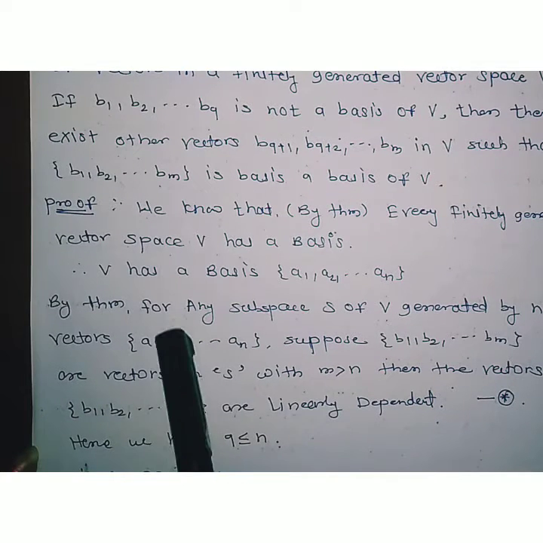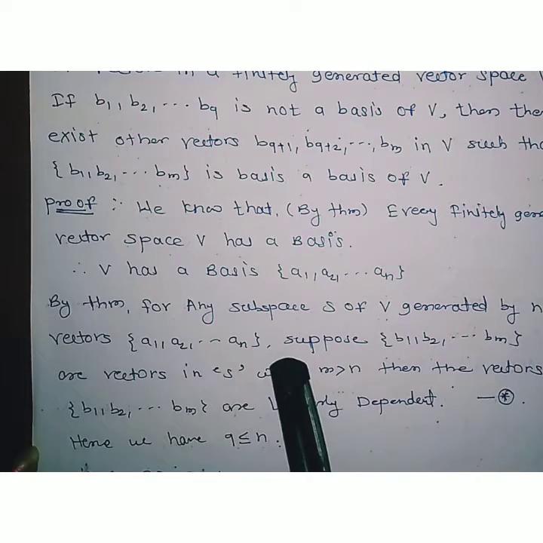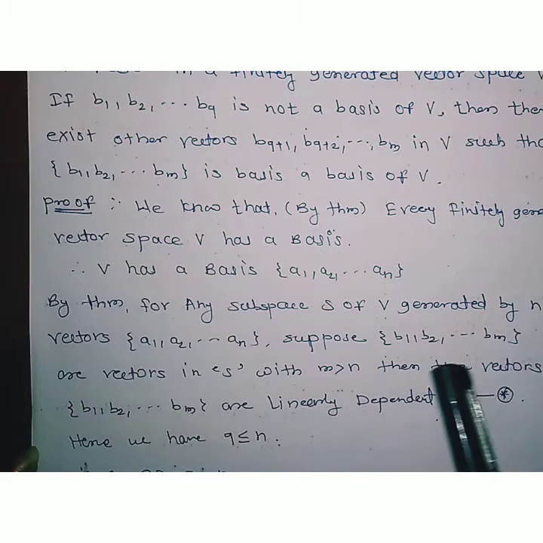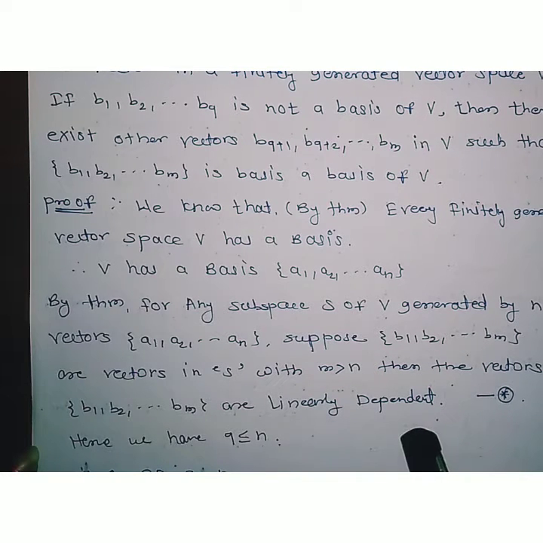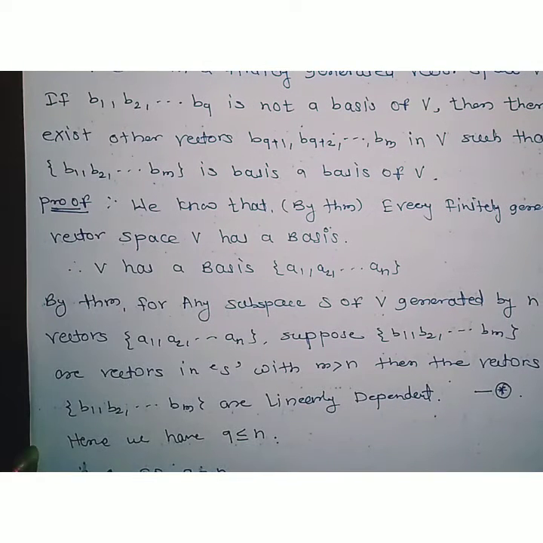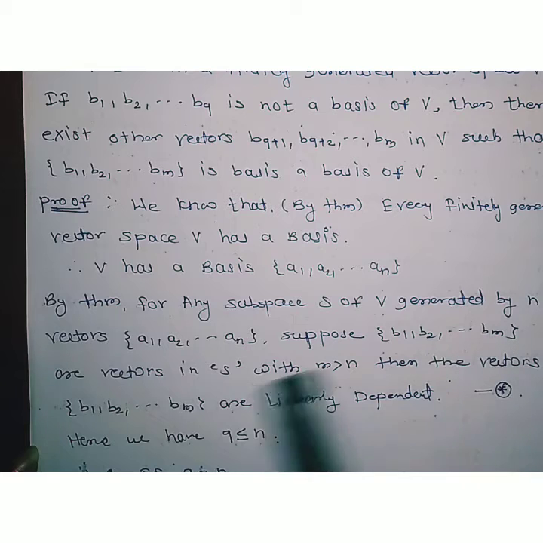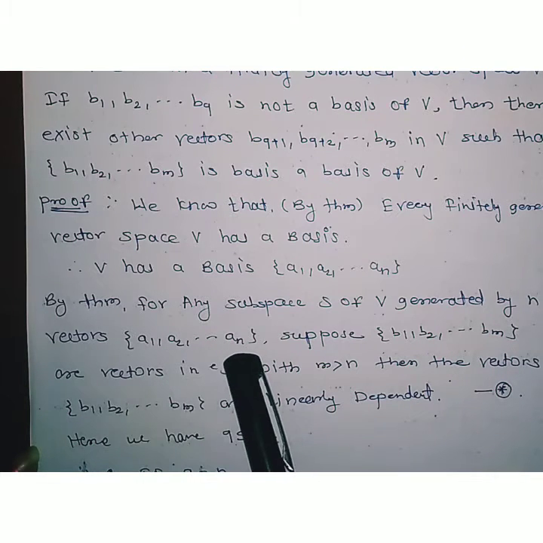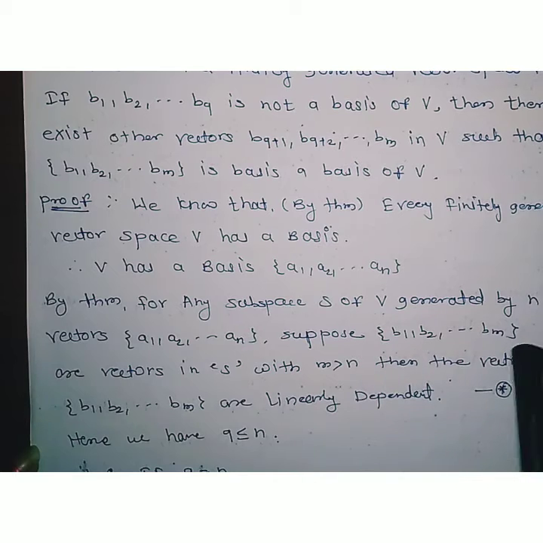So by the theorem, for any subspace S of V generated by n vectors a1, a2, ..., an, suppose b1, b2, ..., bm are vectors in S with m greater than n, then the vectors b1, b2, ..., bm are linearly dependent.